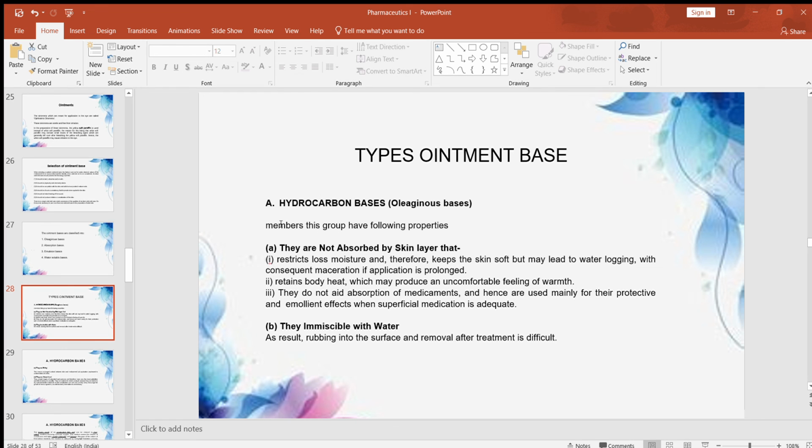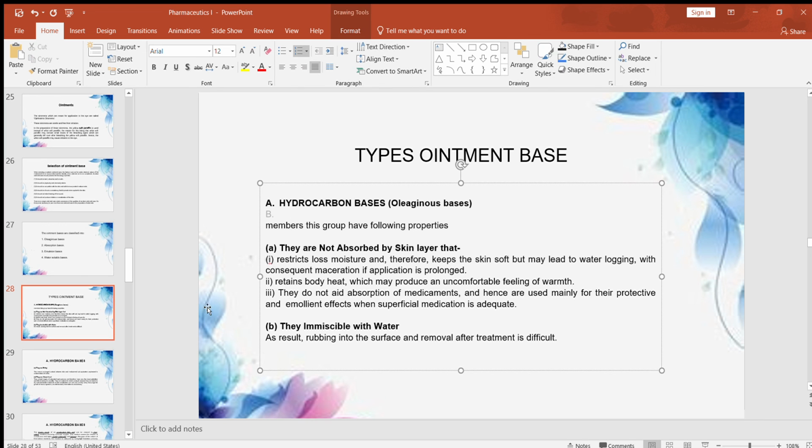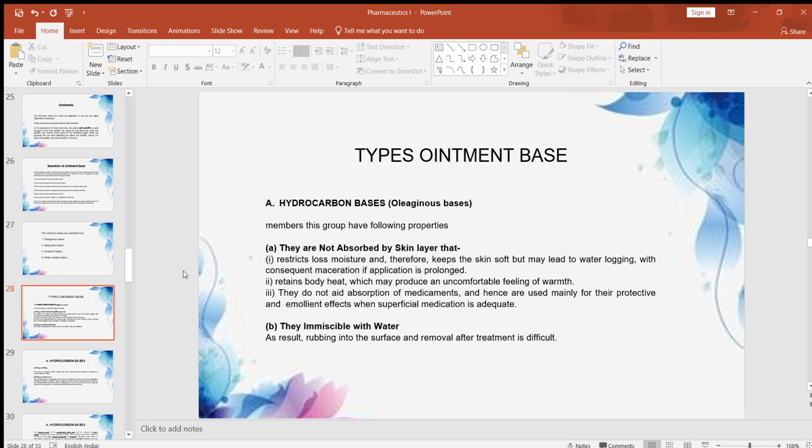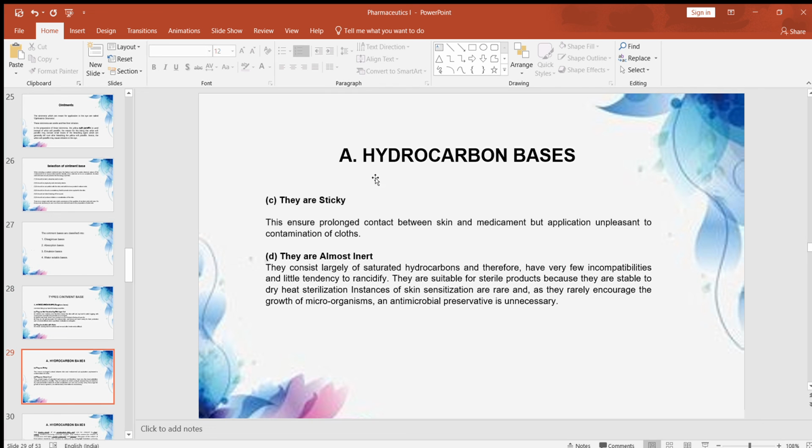Examples are also there, but before that, what properties do these hydrocarbon bases possess? First, they are not absorbed by the skin. Second, they are immiscible with water, since they are oily in nature; being an oil phase, they are immiscible with the water phase. They are sticky, they are almost inert.